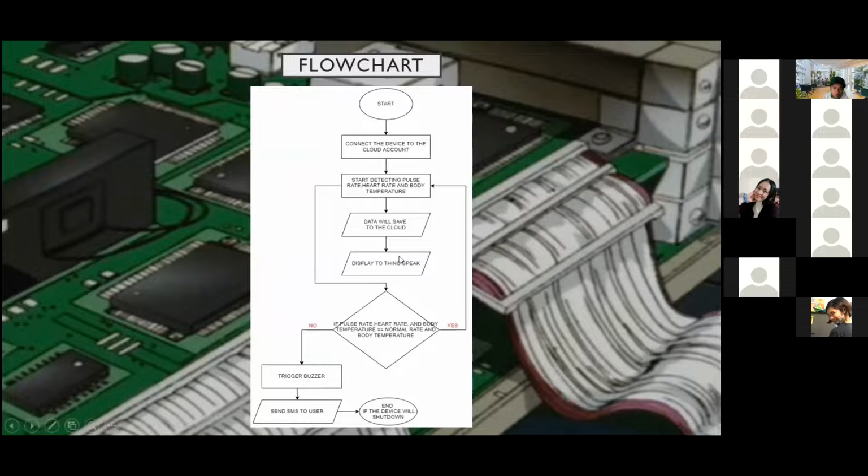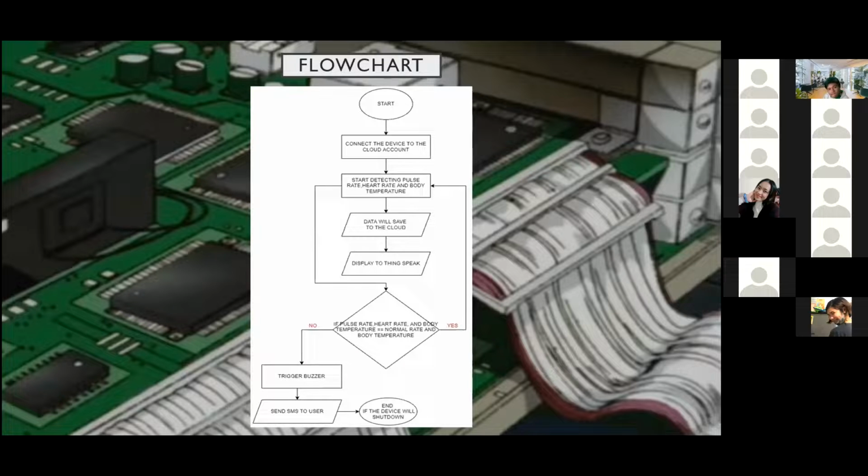So moving on to the next process, the decision symbol. If pulse rate, heart rate, and body temperature are equal to the normal rate and body temperature, it will just go back to the process symbol, start detecting pulse rate, heart rate, and body temperature.